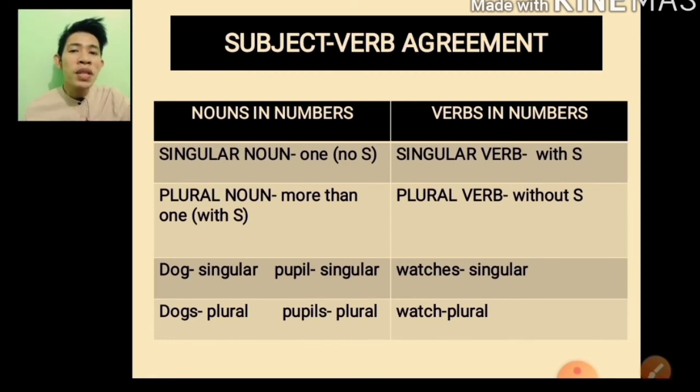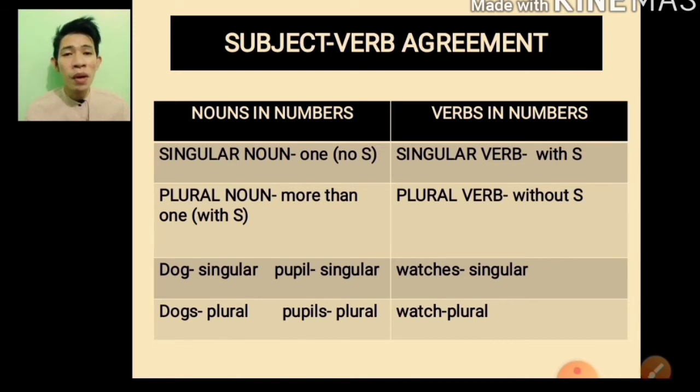But before we proceed, in order for us to have a bigger picture or a blueprint or springboard on how subject-verb agreement works, let's first discuss numbers in nouns and numbers in verbs. Bakit po? Because most people nowadays, especially Filipinos, think that if a word ends with S, it's already plural.